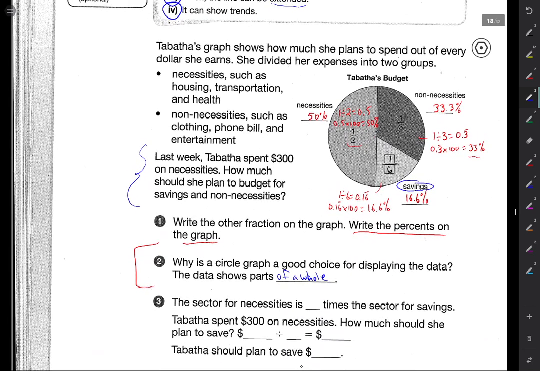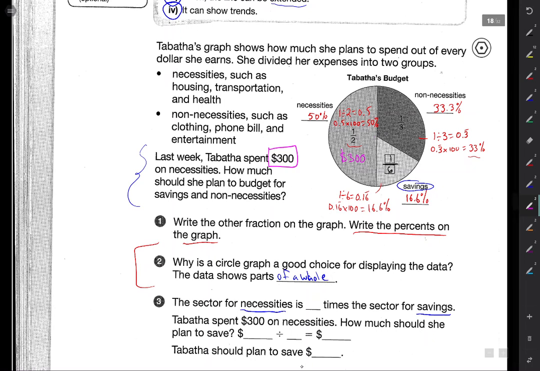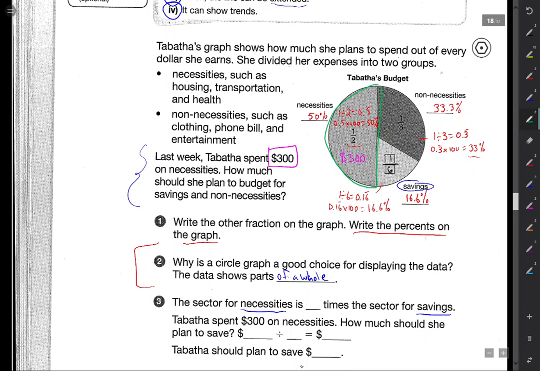So now let's compare these sectors here and try to figure out how much money she's putting in each of them. So the sector for necessities is blank times the sector for savings. So we're comparing necessities to savings. Now remember, in that necessities sector, it tells us up here that she spent $300 on it. So we need to figure out how much bigger this necessities sector here is compared to the savings one.